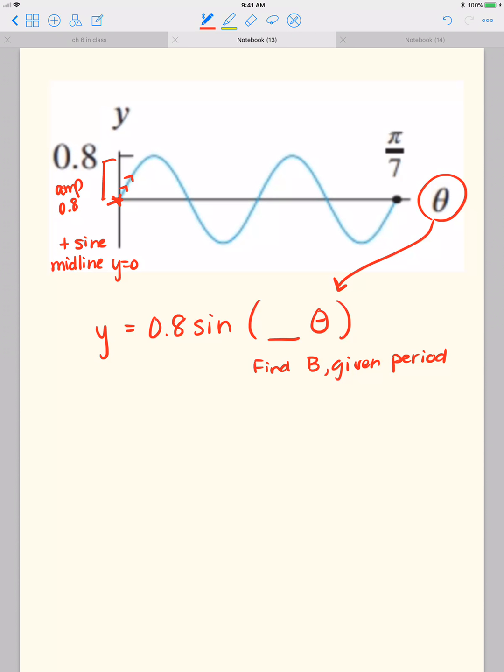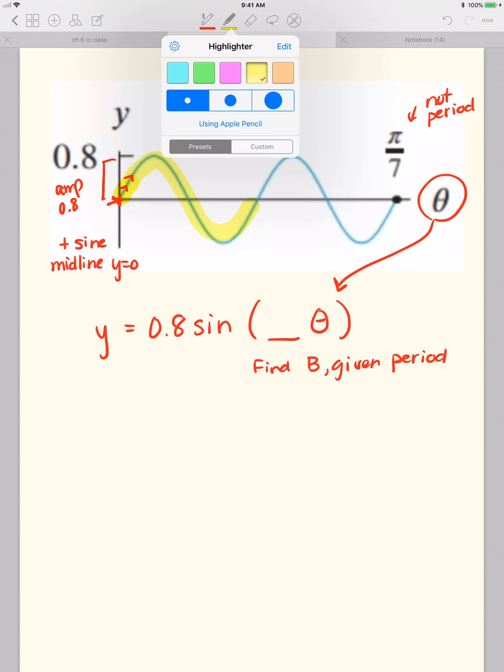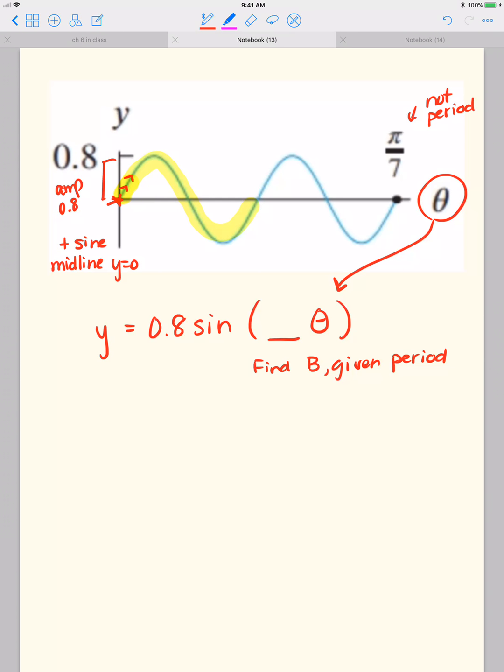Alright, so the pi over 7 is not the period for one cycle. If you notice the graph, when it starts at theta equals 0, it does 1, 2 full cycles to get to pi over 7. So pi over 7 is really the value for 2 periods.